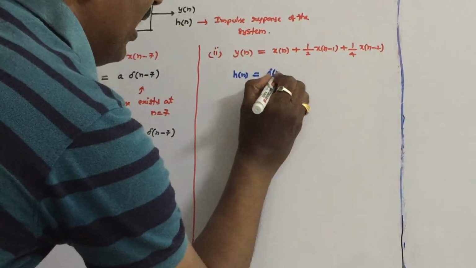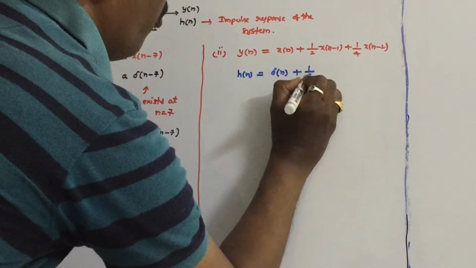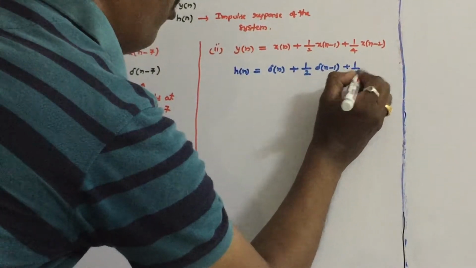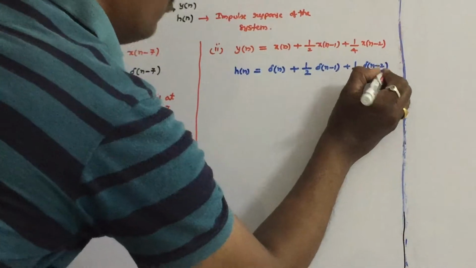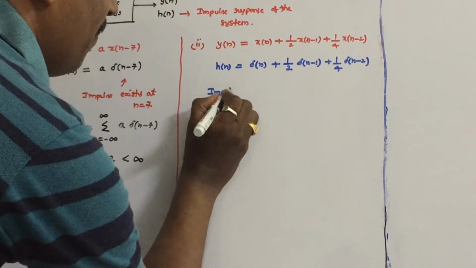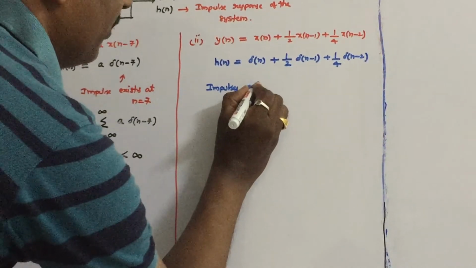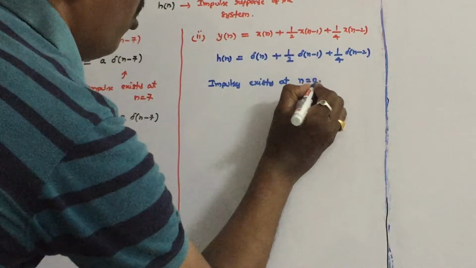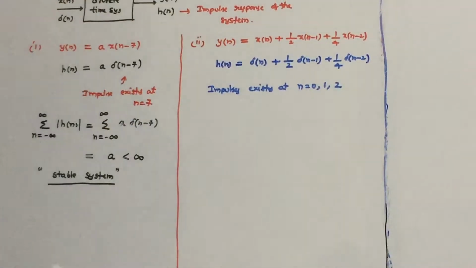What is h of n? Del of n plus half del of n minus 1 plus 1 by 4 del of n minus 2. These impulses exist at n is equal to 0, 1, 2.